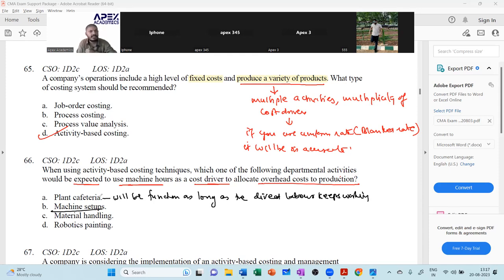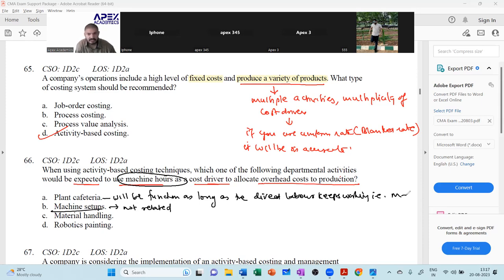Machine setups. It has nothing to do with direct labor. Which one of the following would be expected to use machine hours?